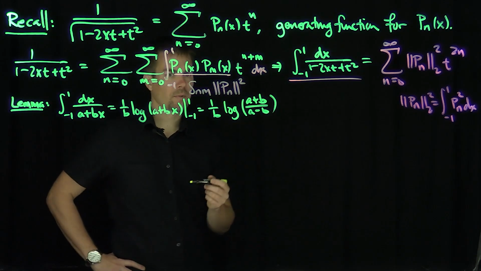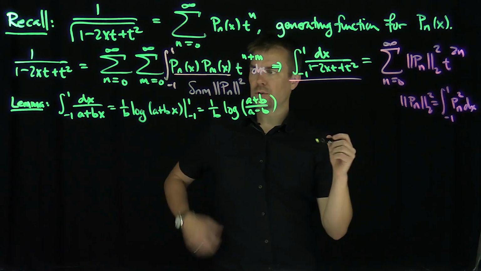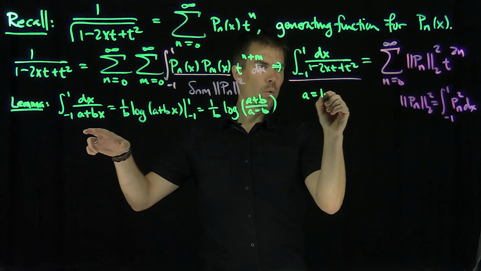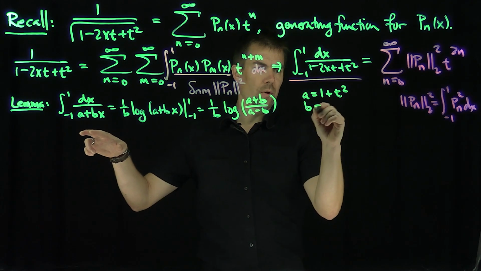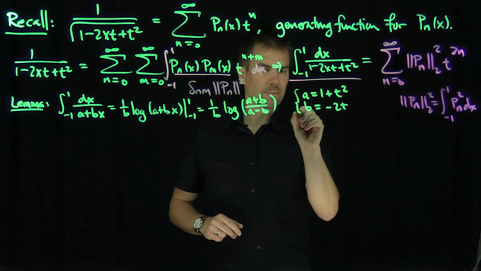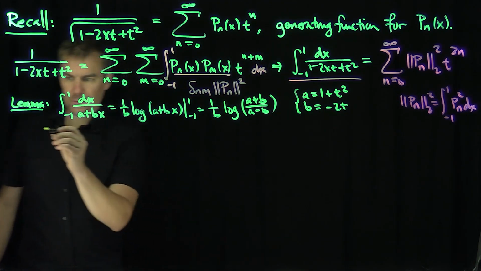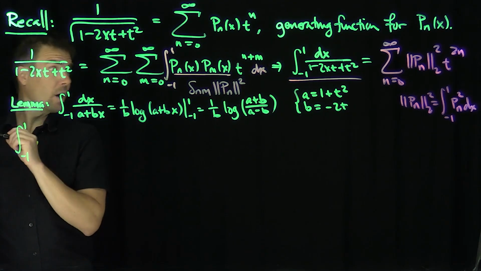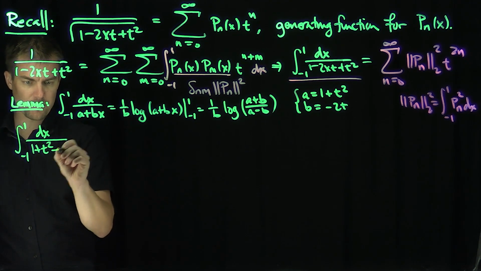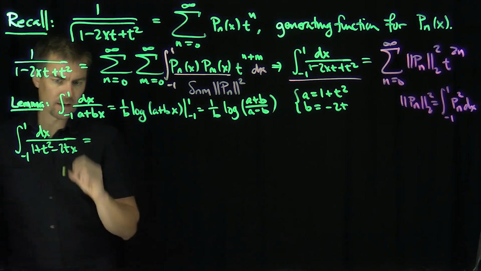Okay, excellent. And so now what's playing the role of our a and b? So for us, playing the role of a is going to be 1 plus t squared, and playing the role of b is going to be -2t. That's our formula. So what can we conclude from this? We can conclude that the integral from -1 to 1 of dx over 1 plus t squared minus 2xt is going to be equal to what?